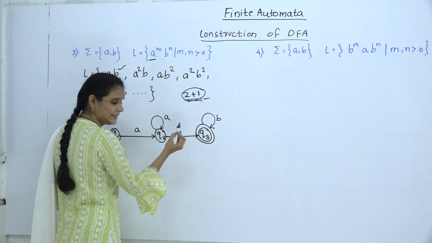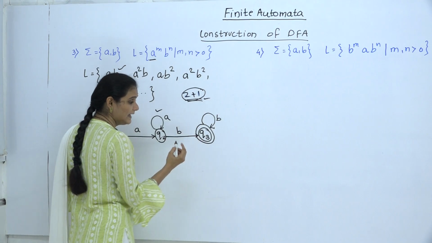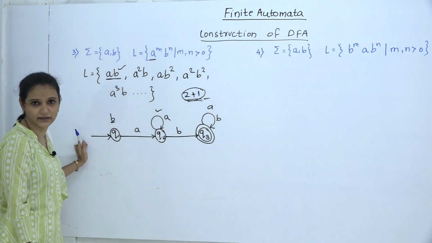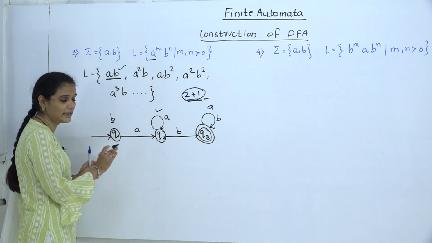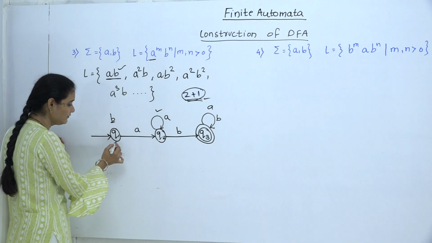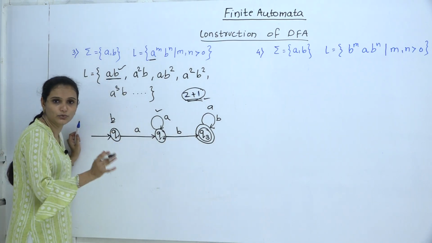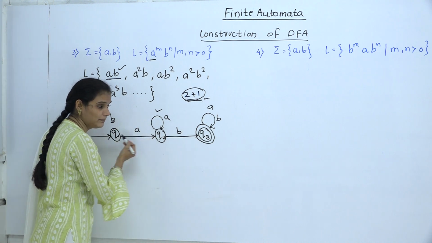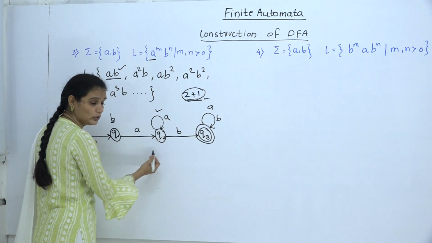Q2 has a and b, so Q2 is complete. For Q3, the transition of a still doesn't go anywhere. So students, to complete it as a DFA, we need to give the transition of b of Q1 and a of Q3 to some other state. First of all, check in those particular states only. From Q1, can I give b to Q2?